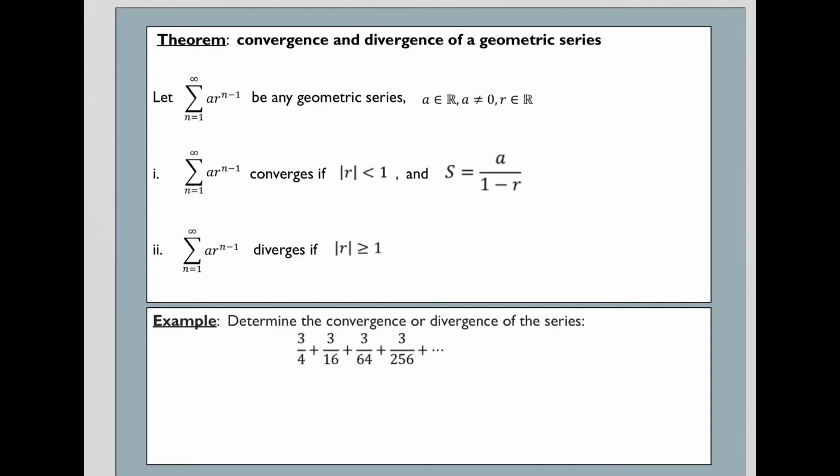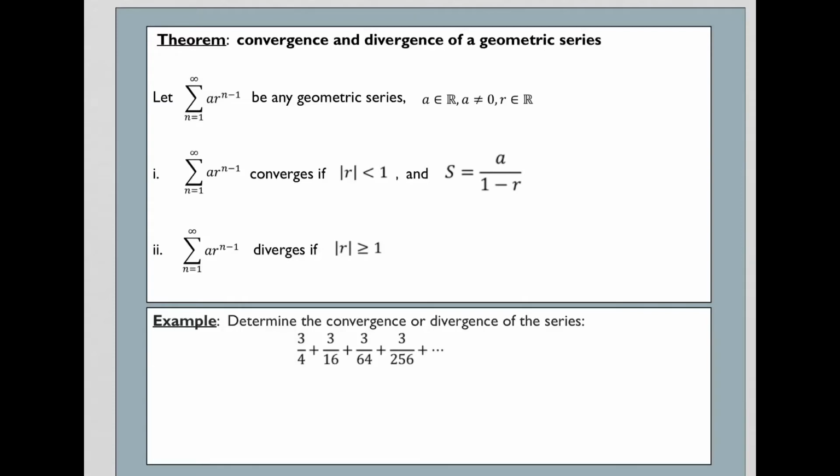Moreover, it will converge to have the sum equal to a over 1 minus r. In other words, the sum of an infinite geometric series, as long as the absolute value of r is less than 1, is equal to a over 1 minus r. That same series will diverge if the absolute value of r is greater than or equal to 1.